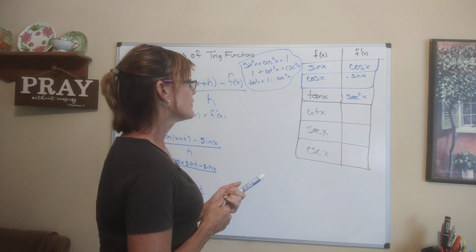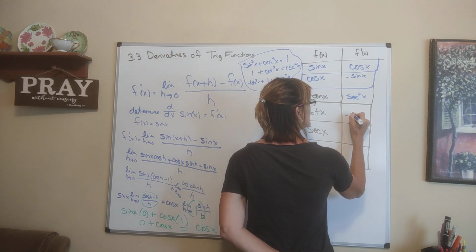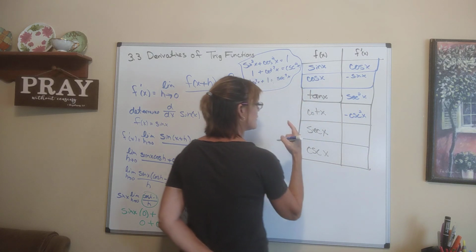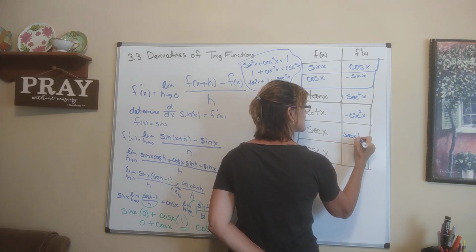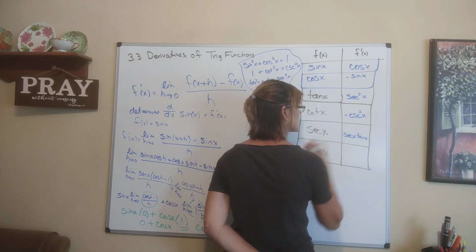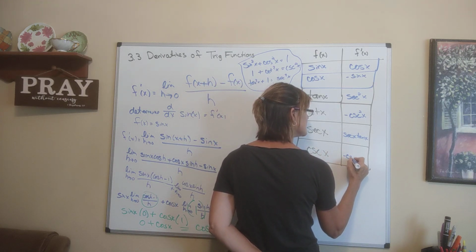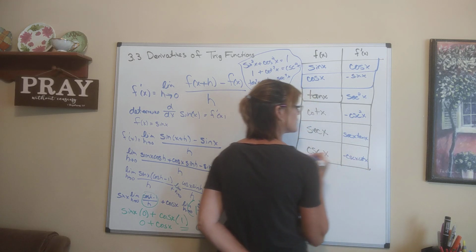The derivative of the cotangent of x is negative cosecant squared of x. The derivative of secant of x is secant x times the tangent of x. The derivative of cosecant is negative cosecant x times the cotangent of x. That is what they are.